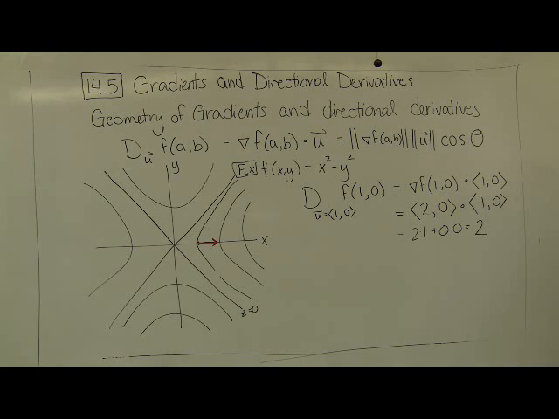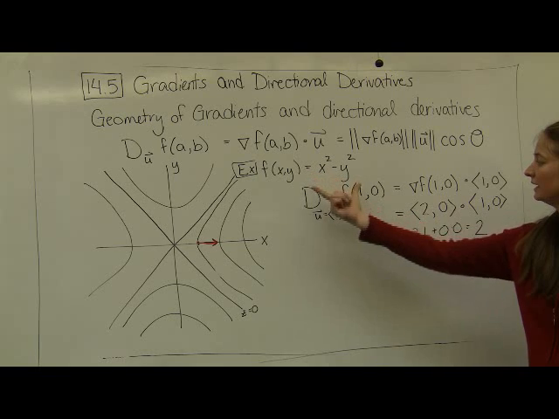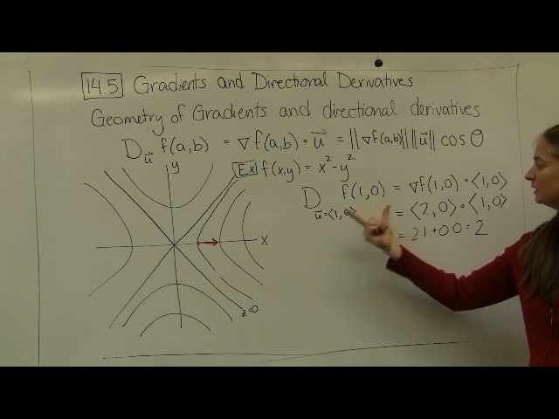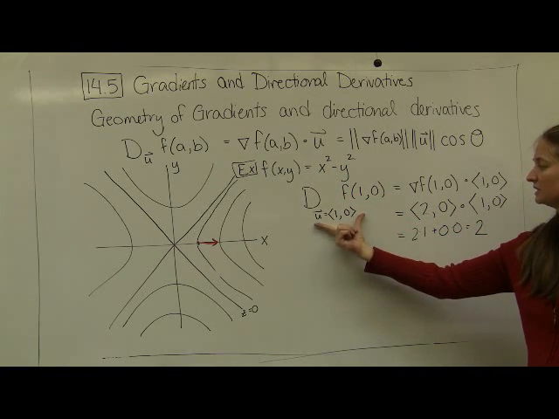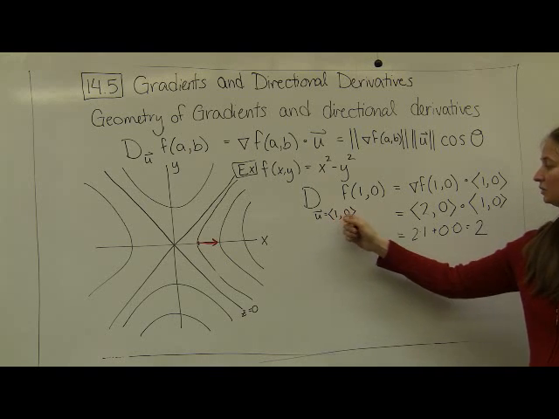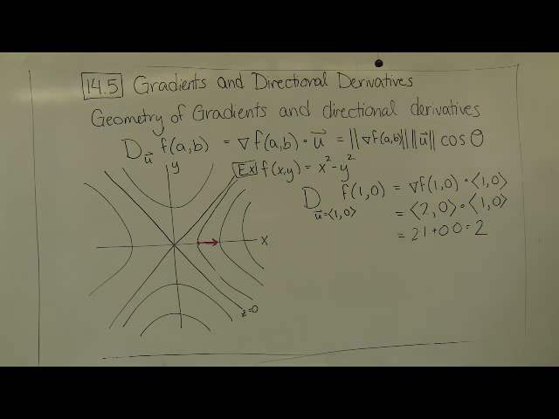So I just found that the directional derivative of this function evaluated at the point (1, 0), where my direction vector was (1, 0), is 2.